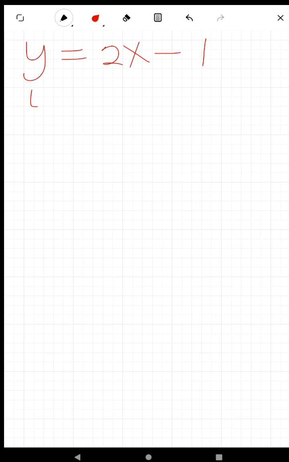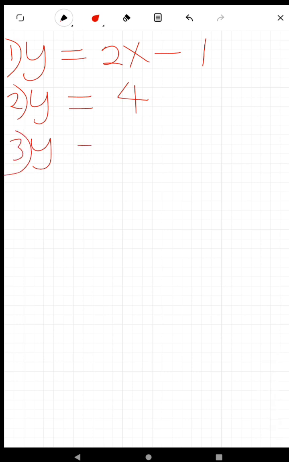The second one is y is equal to 4. And the third one is y is equal to 5x plus 5.